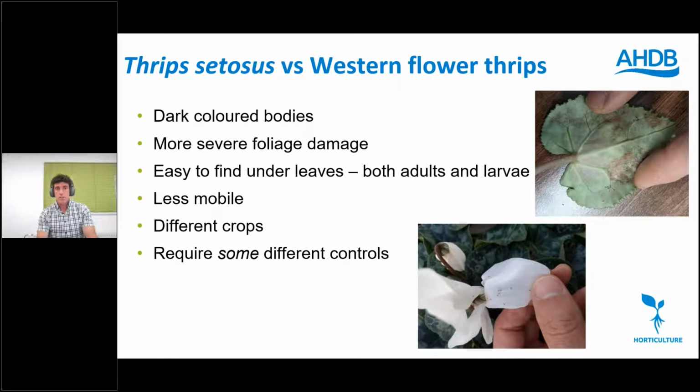Whereas the setosus spend almost all the time on the underside of the leaves, and they seem to do a lot of damage to the leaves as well. Another difference between them is the way that they need to be controlled. Some controls work for both, not all are true. So they're both thrips, but they are different and they do need to be treated differently.